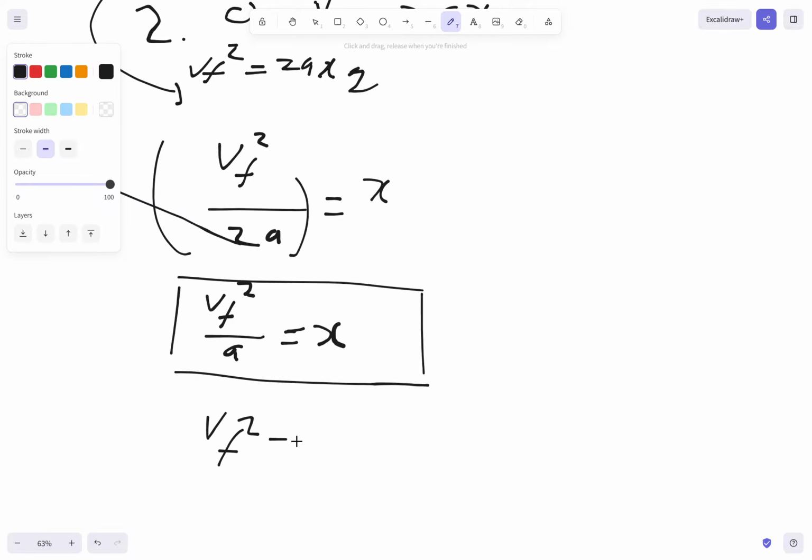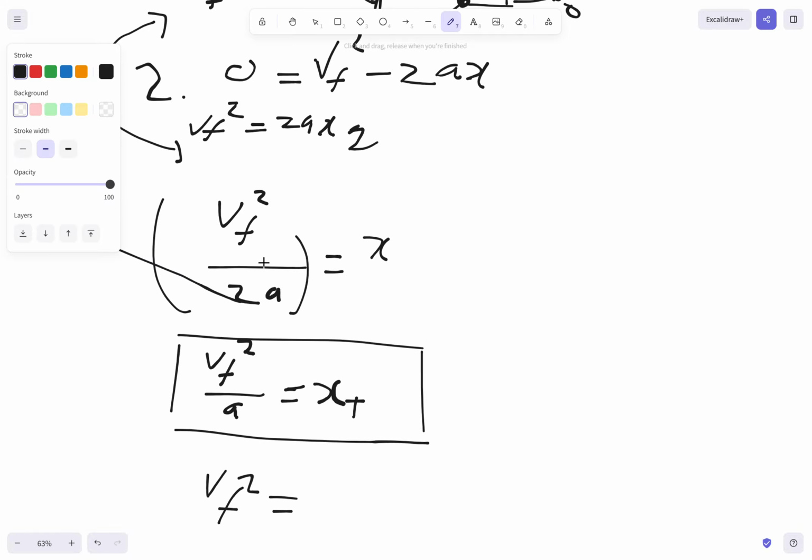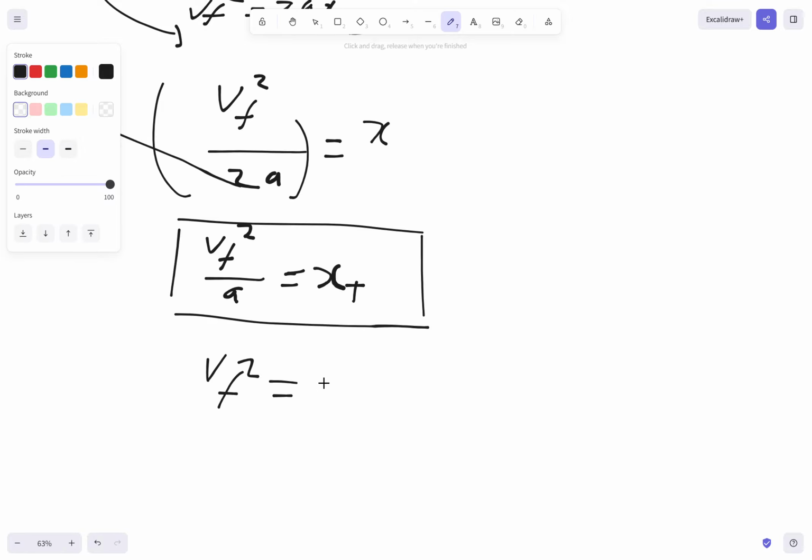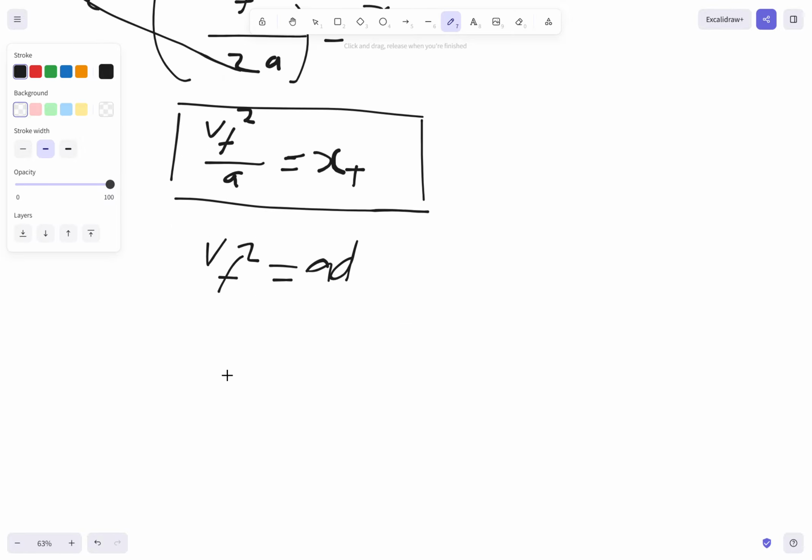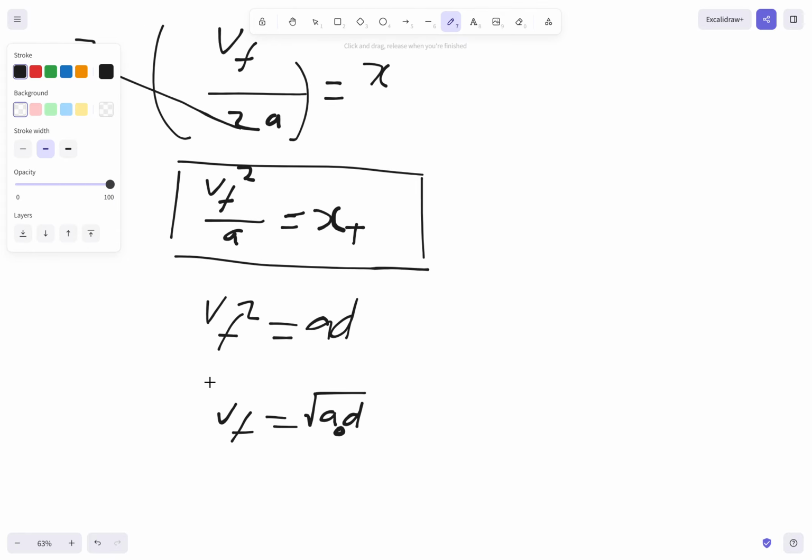vf squared equals, we're going to say this is combined, because remember we added these two. So it's a naught d, and vf equals the square root of a naught d. Now that we have velocity, we can look for time.